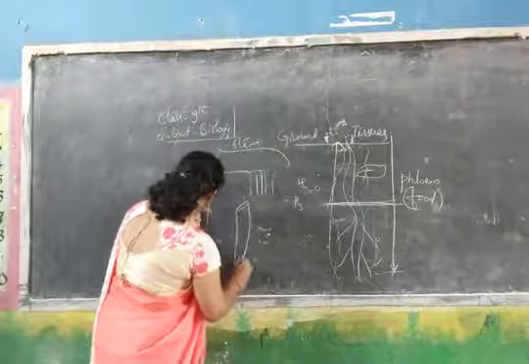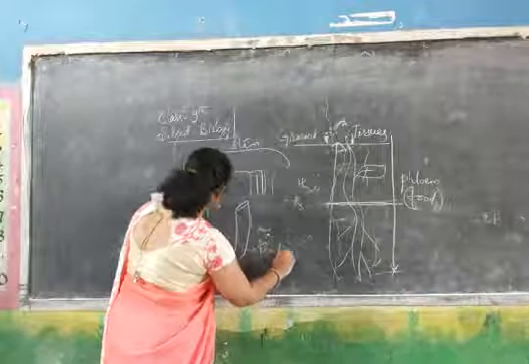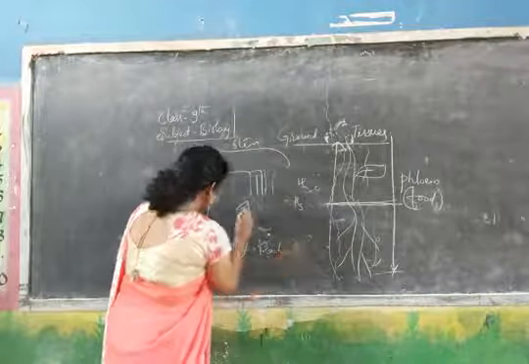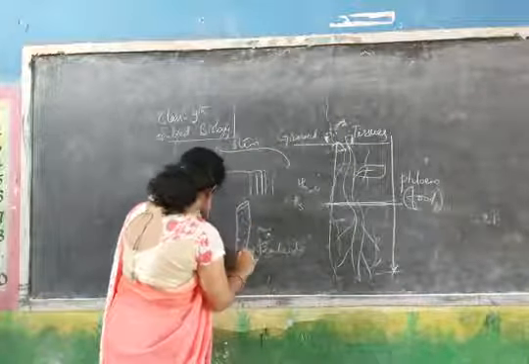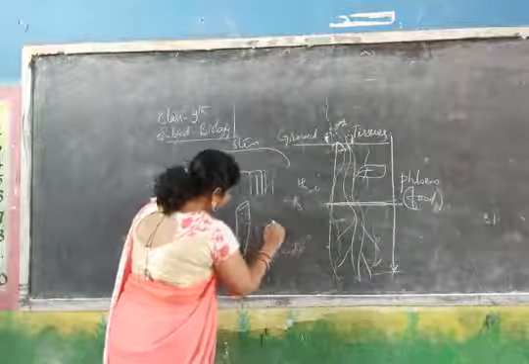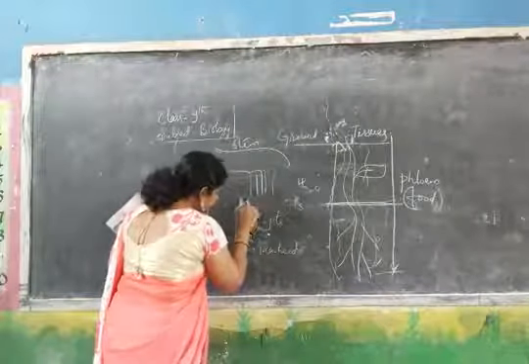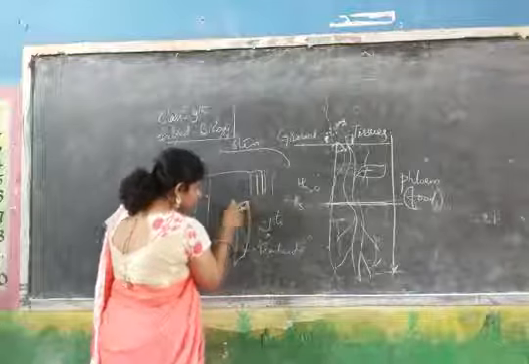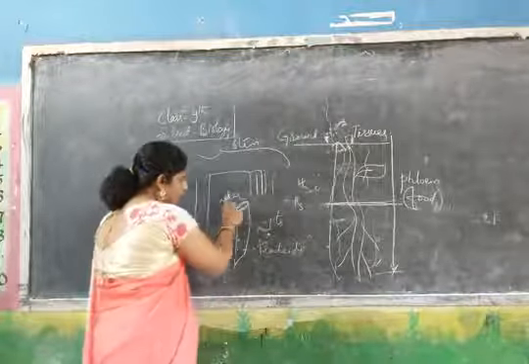Long, elongated ones we will call tracheids. Small hole pores are present, and these pores are called pits. Here the lumen space is wider compared to the phloem.